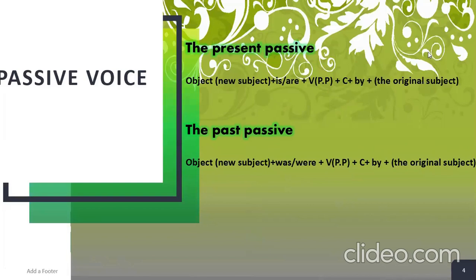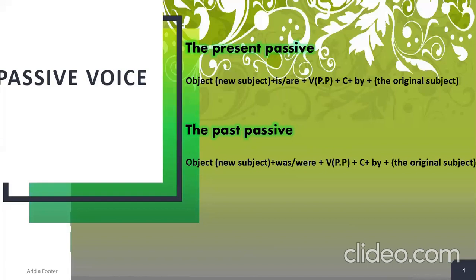We take the object of the sentence and we make it the new subject of the passive voice sentence, right? After that, we use an auxiliary verb, which in the case of making a passive voice is the verb to be. And since we are speaking about the present passive, it becomes either is, are, or even am. But now we are studying is and are only.